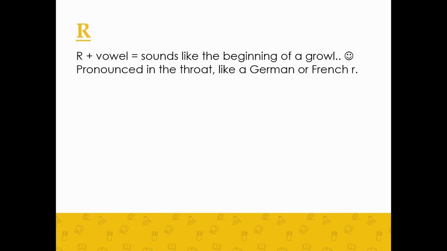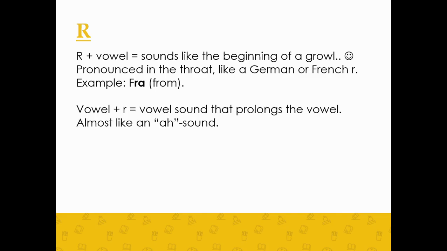And R. R plus a vowel sounds like the beginning of a growl. So pronounced in the throat like a German or French R. Example is "fra". So you get this R sound. If we have a vowel plus an R, the vowel sound prolongs the vowel, almost like an A sound.